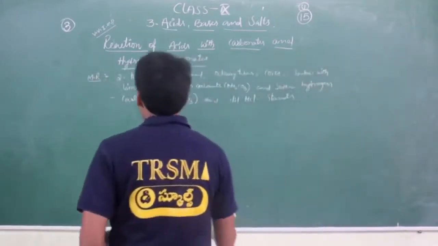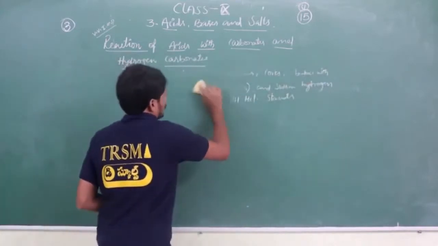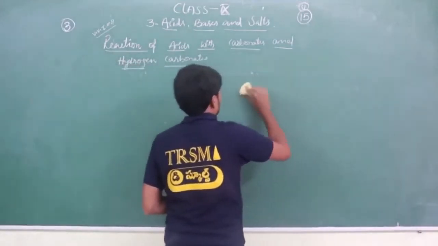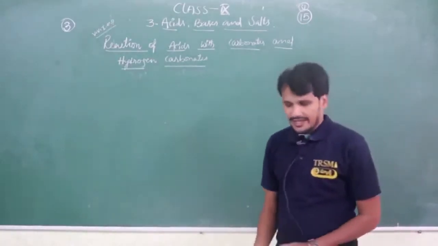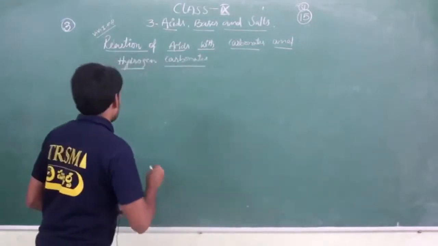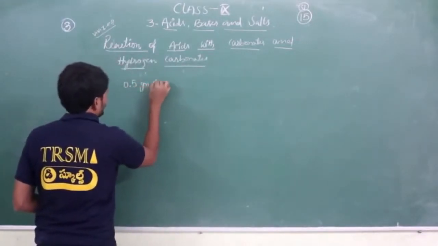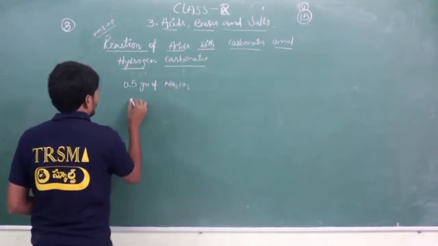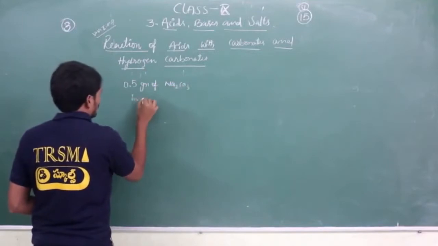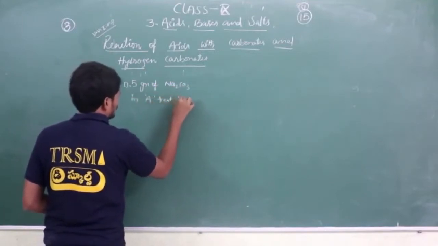First of all, arrange the apparatus as shown in the figure. Now take 0.5 grams of Na2CO3 in a test tube.